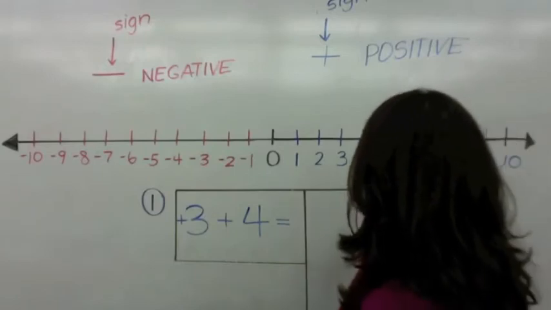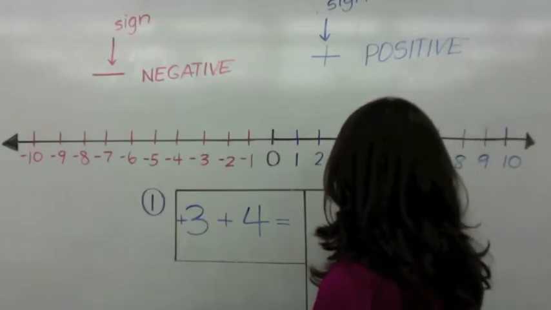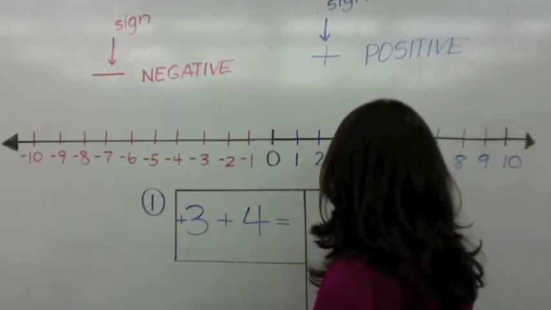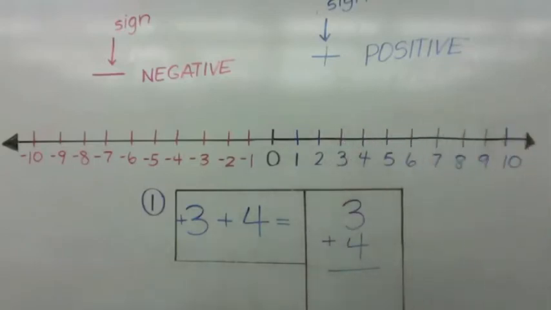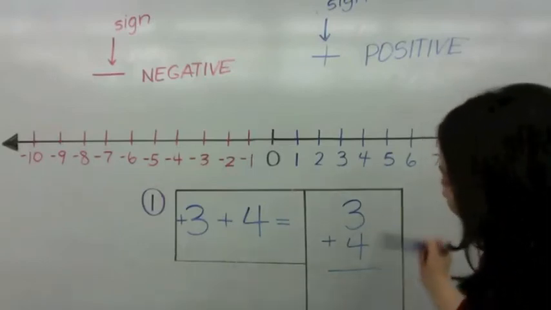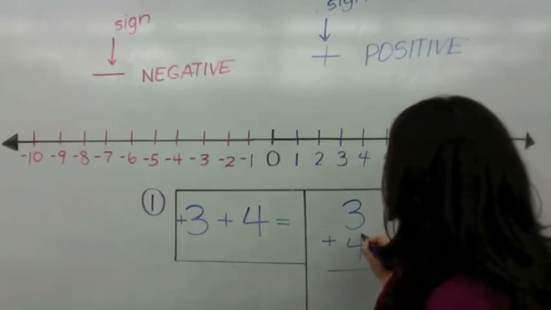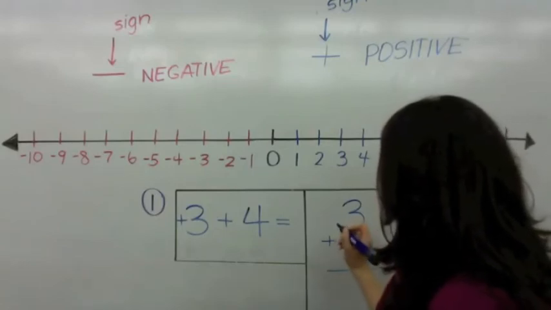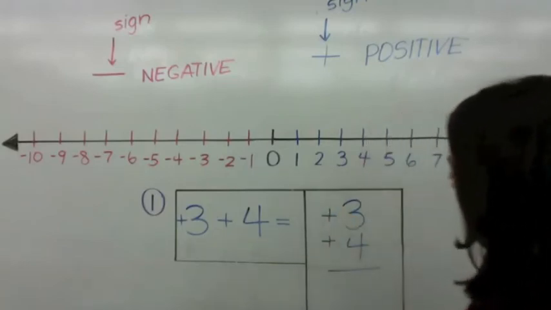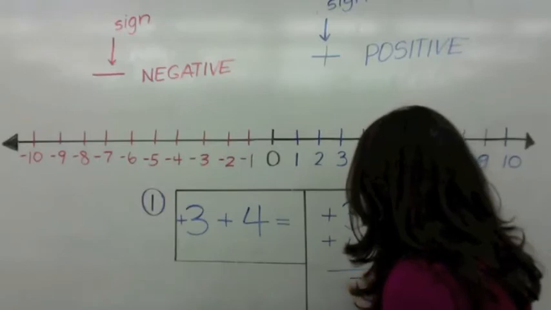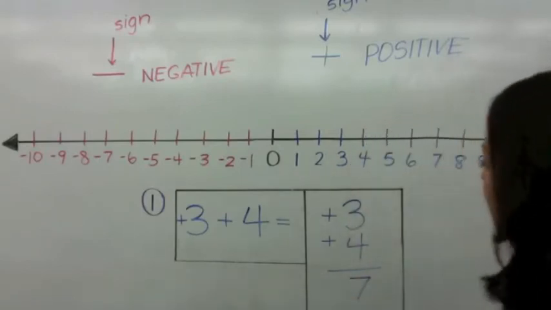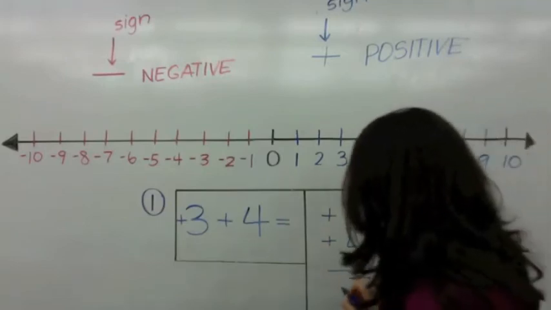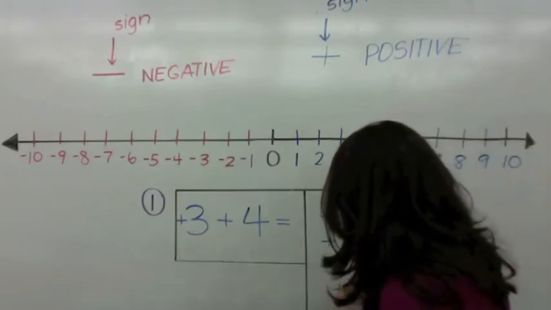So we're going to write this vertically. We're going to say 3 plus 4. So if we use touch math and we're adding, it's 3, 4, 5, 6, 7. This is a positive 3 and positive 4, so that makes 7. But is it positive? Because you're going to keep the signs. If you're adding positives together, you're going to end up with a positive.